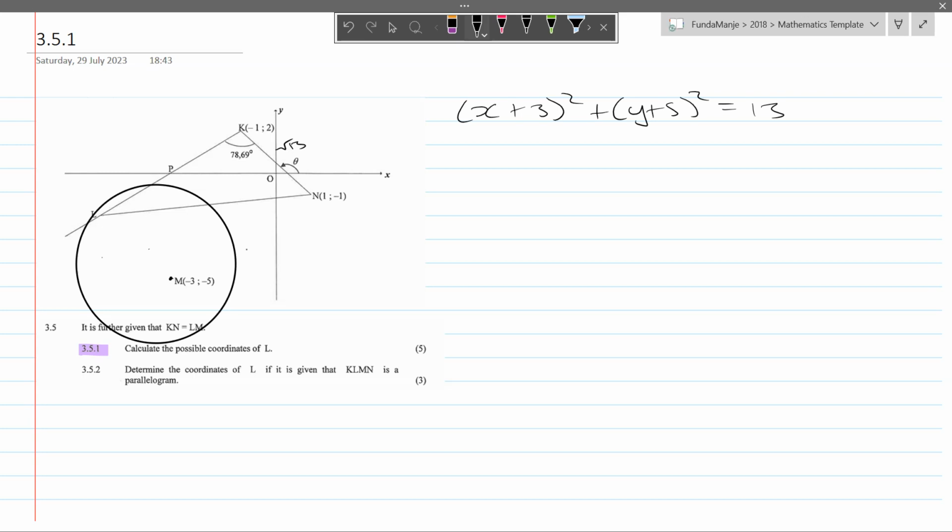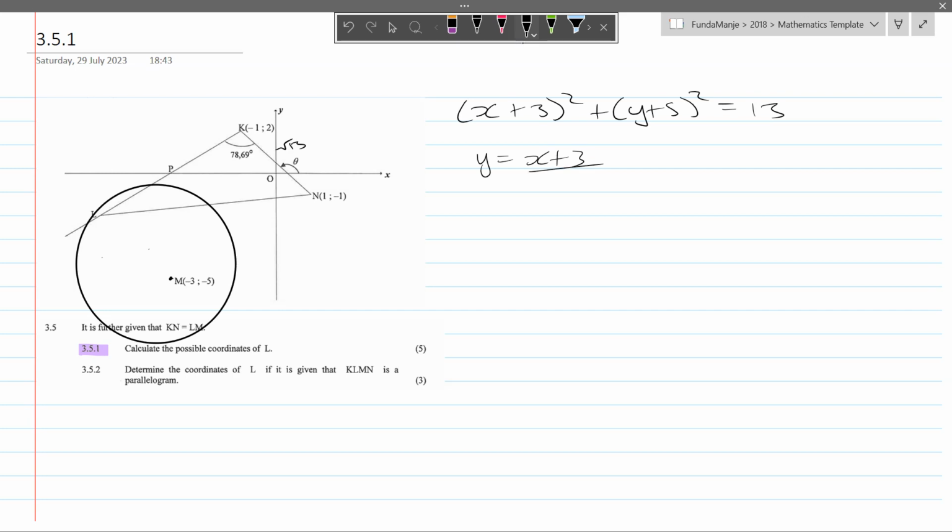Our equation for the straight line KL is y equals x plus 3. So if we are trying to find a point where they intersect, we are basically solving another simultaneous equation. If you've already practiced paper 1 before, you'll be familiar with this.